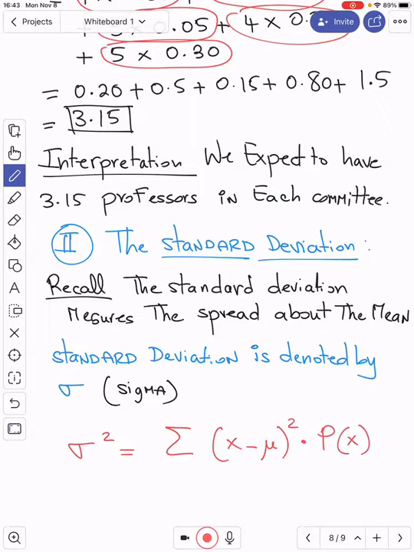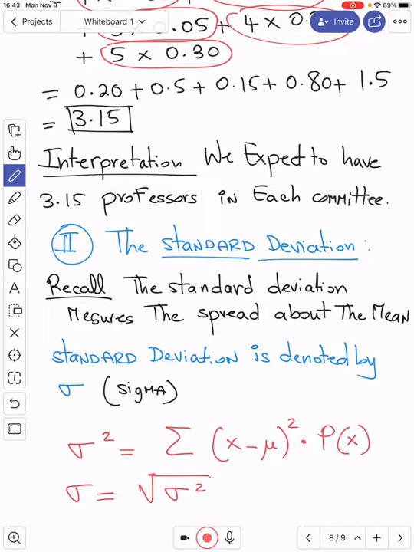So this is a kind of weighted distance. And then, of course, sigma would be just the square root of sigma square.